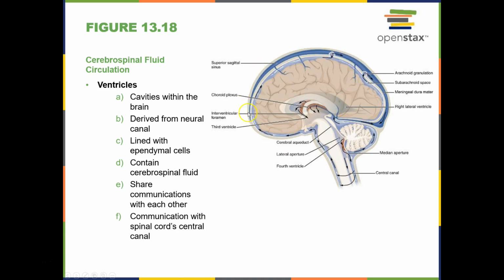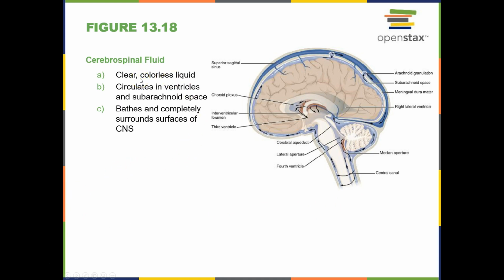So, I talked about cerebrospinal fluid a little bit earlier. Cerebrospinal fluid circulates through those meninges. The ependymal cells help to form cerebrospinal fluid and help to move it around through the different brain and spinal cord regions.